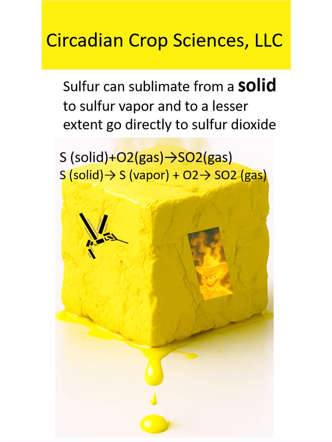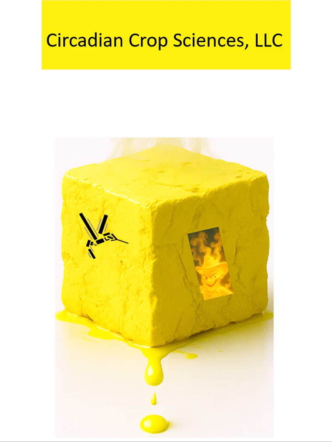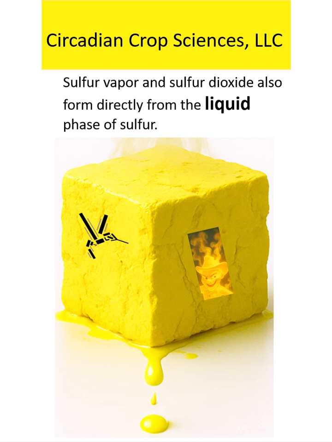Sulfur can sublimate from a solid to sulfur vapor and to a lesser extent go directly to sulfur dioxide. Sulfur vapor and sulfur dioxide also form directly from the liquid phase of sulfur.